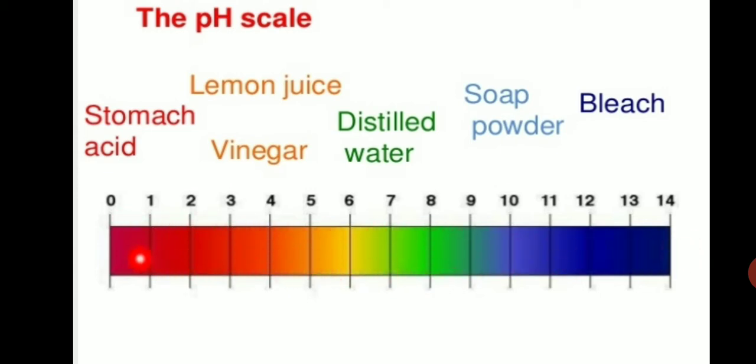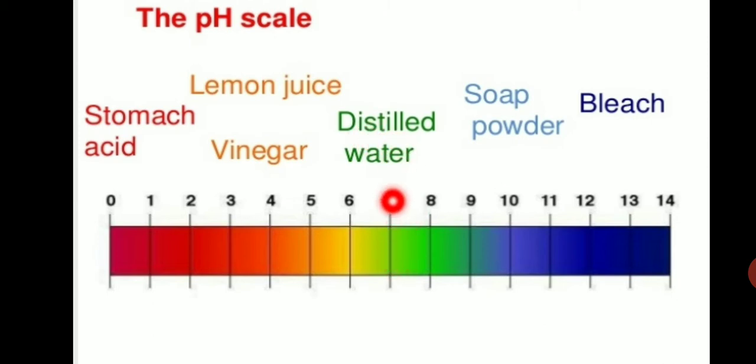It is given in this picture. Stronger acids show red in color and strong bases show violet or blue in color. The red color fades and changes into yellow, then green, and when it reaches 7 it shows a green color. Water shows the green color.